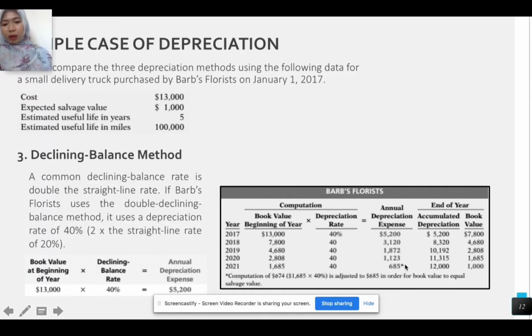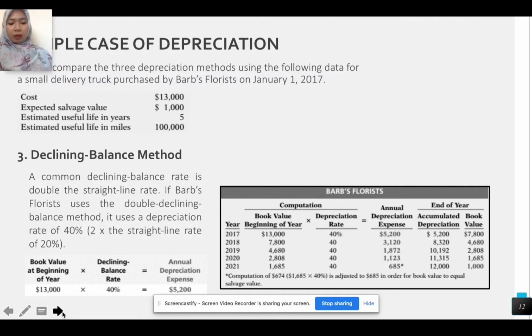So the annual depreciation expense for the last year would be 674, but because the book value for the last year must be $1,000, we change the annual depreciation expense for the last year so that it balances. The last year must still be 1,000. So here, instead of 674, we replace it with $685. Okay, that's all about the depreciation methods.